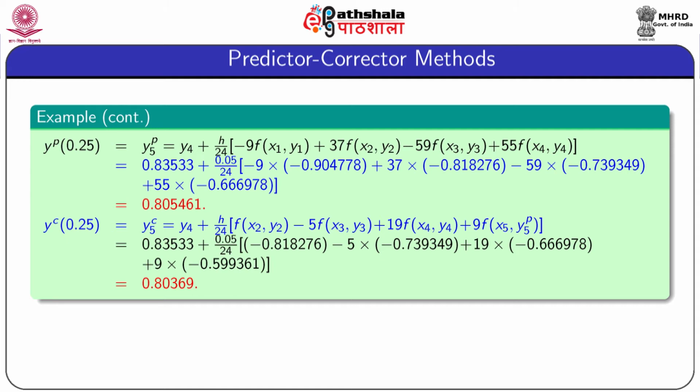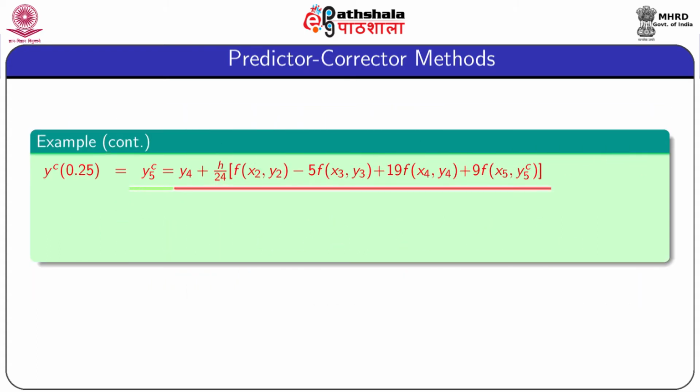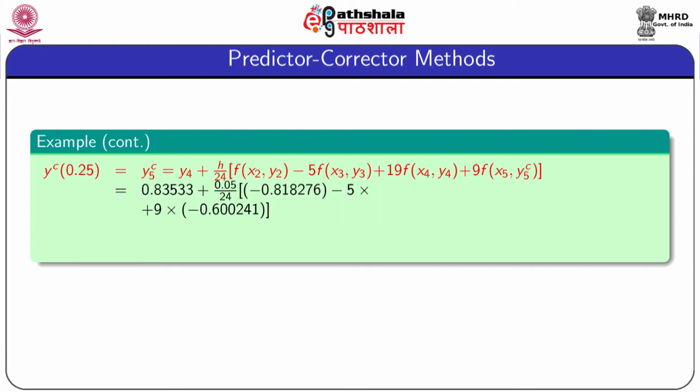So we have to repeat the predictor formula to update this value. Now we use the same predictor formula, but the last term, y5p, is replaced by y5c. y5c is the corrected value obtained in the previous slide, and using the modified values we get the updated value of y at 0.25, which is equal to 0.80367.